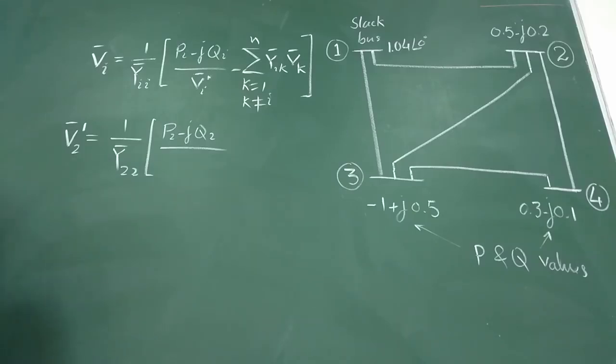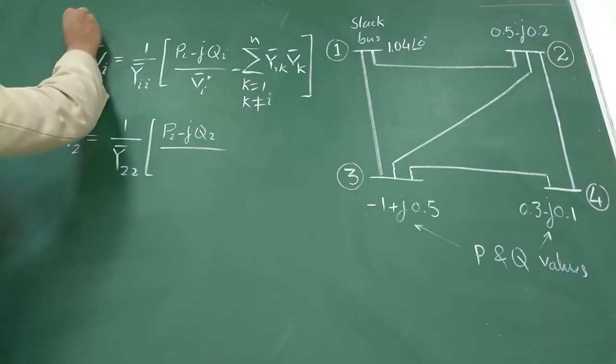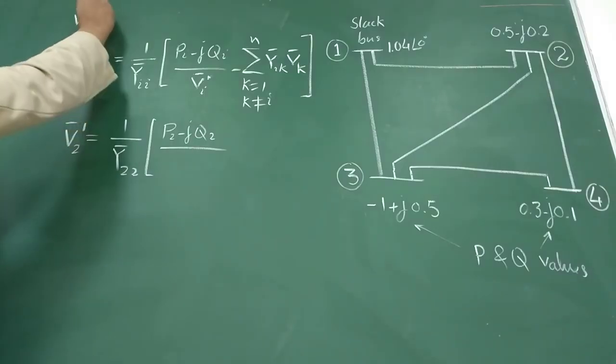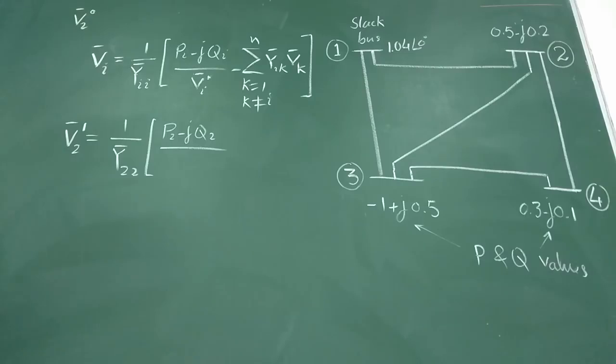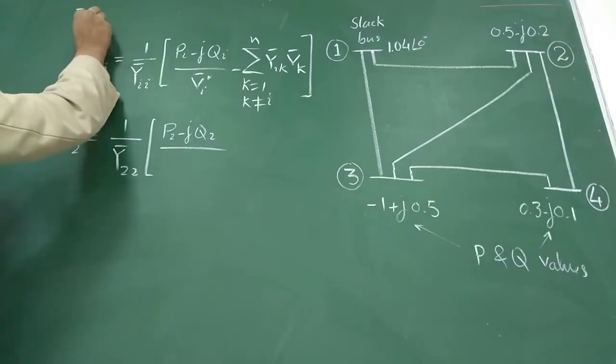Step number 1 was to read the system data, step number 2 is to formulate Y bus, and after that, assume initial values of the variables. So you need to assume V2 superscript 0, where 0 means initial. So tell me what should be the initial value.